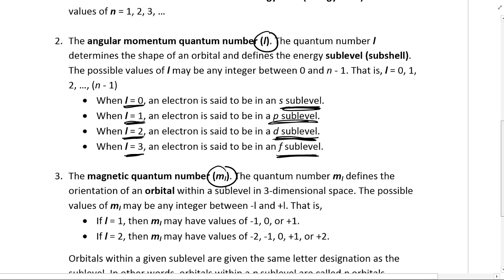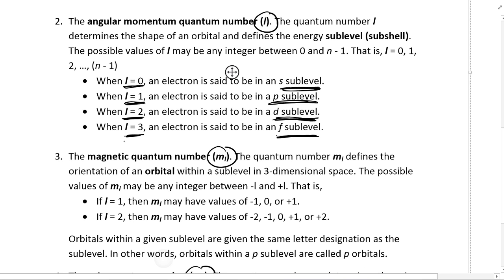Now l doesn't stop at 3. It does keep going. If we went on to 4, they belong in a g sublevel. And if we go up to l equal to 5, then they belong in an h sublevel. So up to this point, s, p, d, and f are not alphabetical.